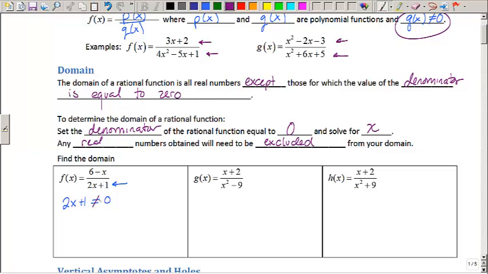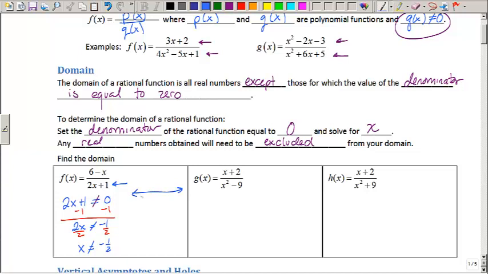I can have all the values as long as it's not equal to 0. And then when I solve, I get 2x equals negative 1. Divide both sides by 2, and I get x is equal to negative 1/2. Or x can't be negative 1/2.